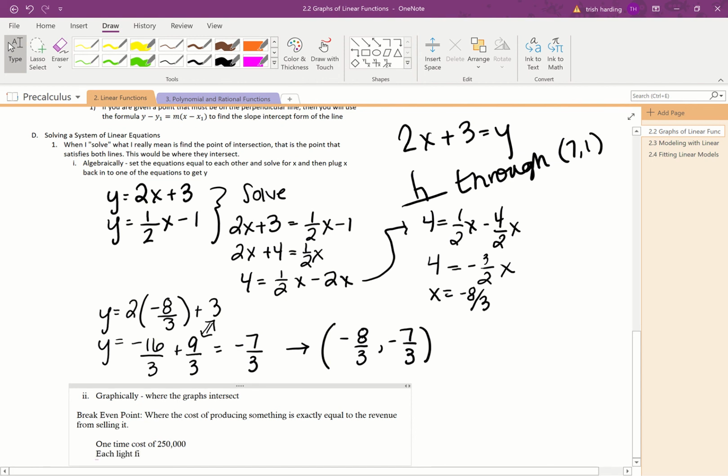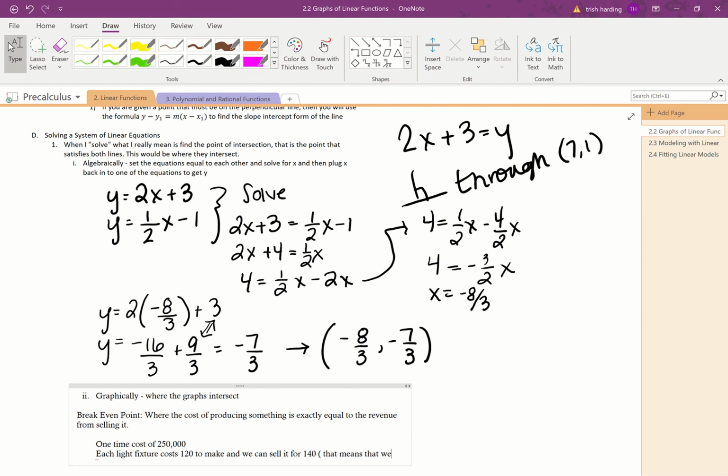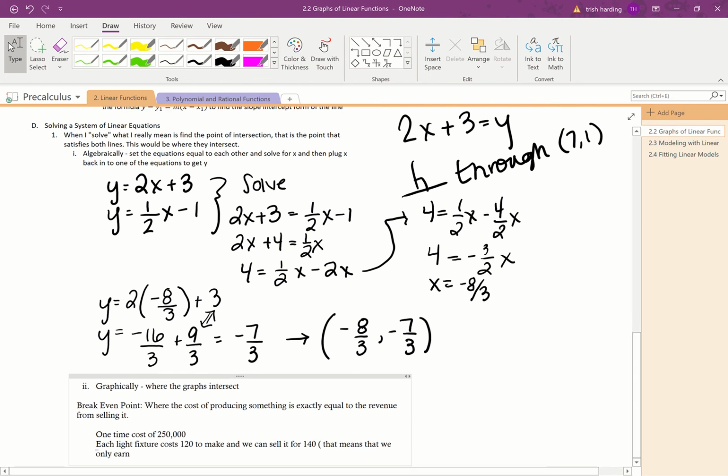Each light fixture costs $120 to make, and we can sell it for $140. That means that we only earn $40 from the sale of one lamp. That's what that means.